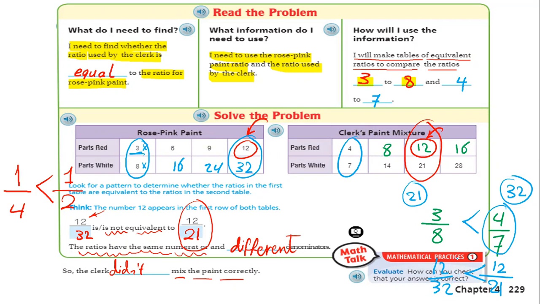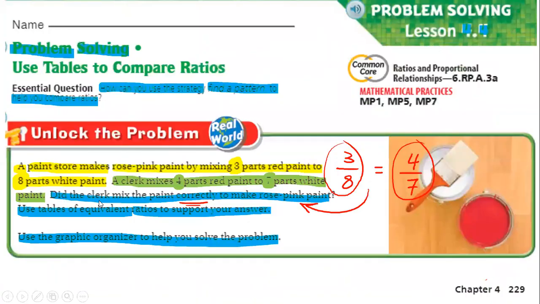Okay, so if you want to compare between two fractions or between two ratios, you need to use crossway, like lesson 3 in chapter 4 that we studied last lesson. This is an easier and faster way than tables. So I can read this question again with you.